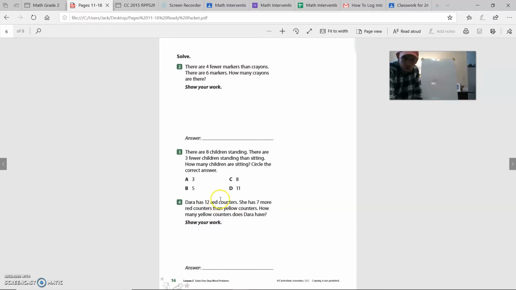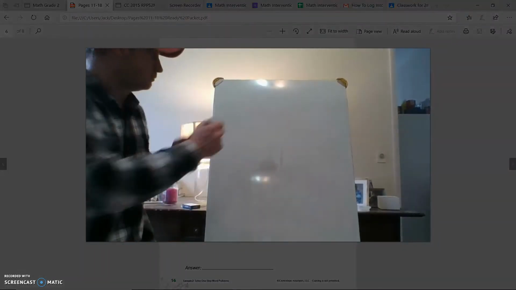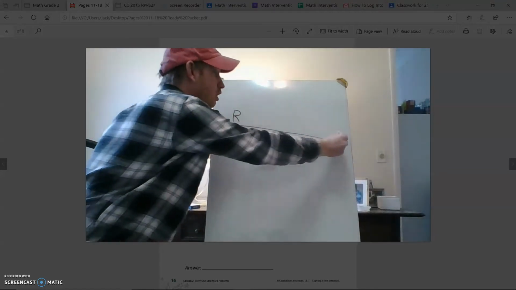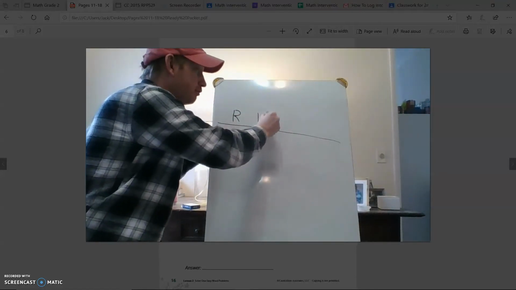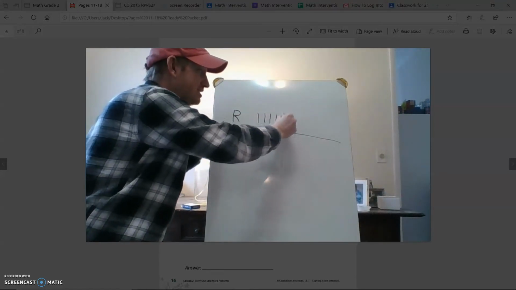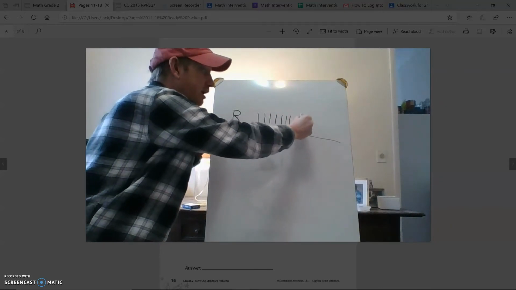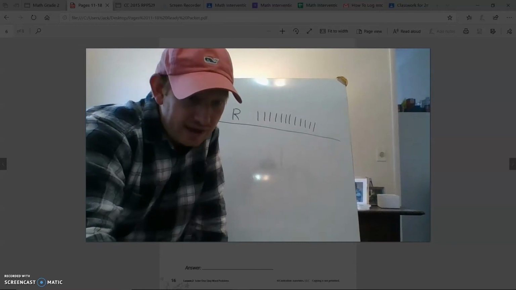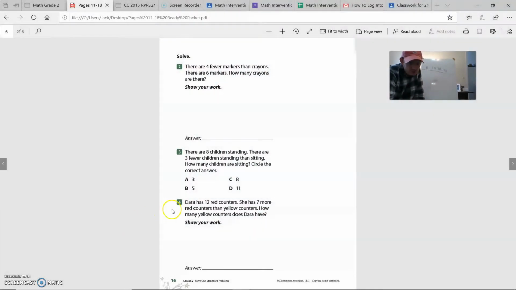So let's draw our 12 red counters first. Red. 1, 2, 3, 4, 5, 6, 7, 8, 9, 10, 11, 12. We then have 7 more red than yellow.